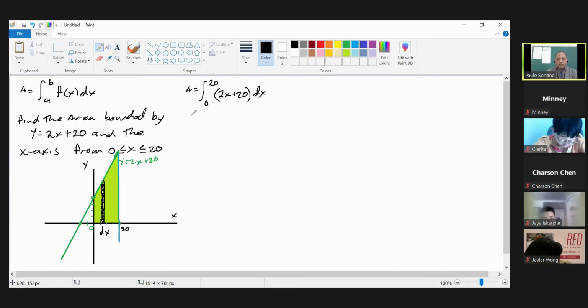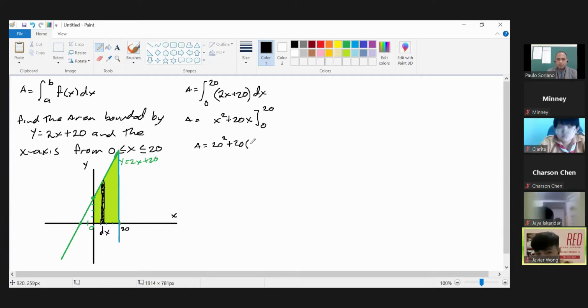What's the integral of this? x squared plus 20x, evaluated from 0 to 20. So what's the area? That will be 20 squared plus 20 times 20, minus, technically becomes 0. Correct?